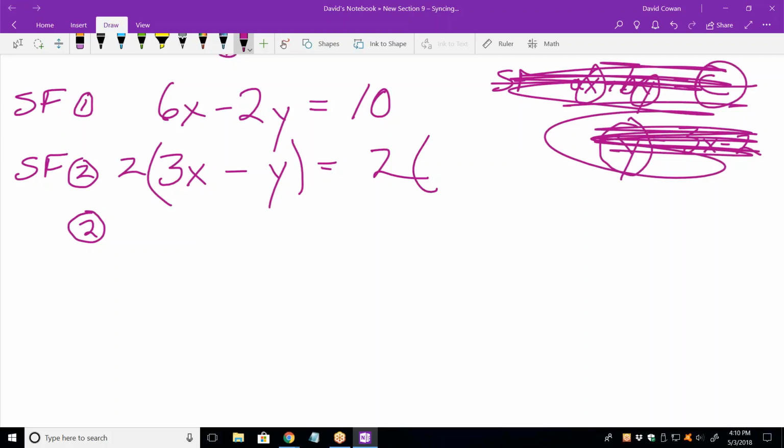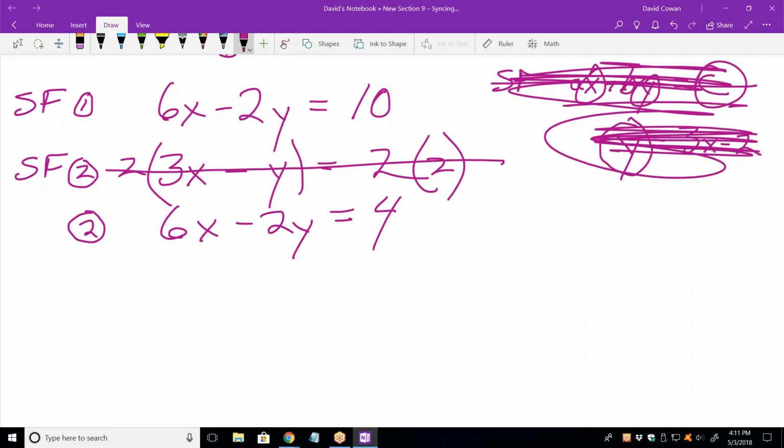That gives me 6x minus 2y equals 4. And then I'm going to cross that out, because that's no longer my equation 2. I got a new equation 2. Now what?